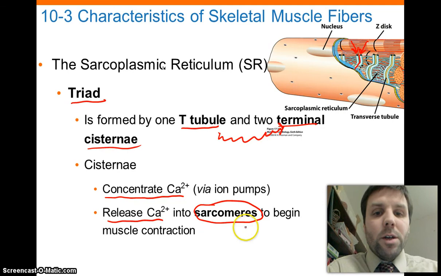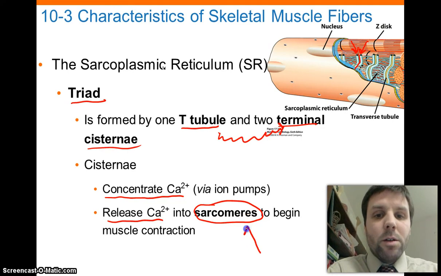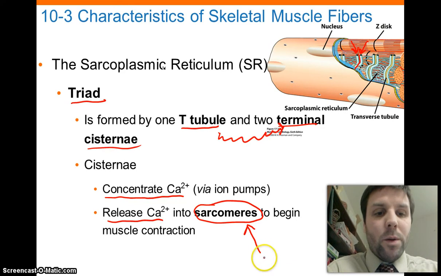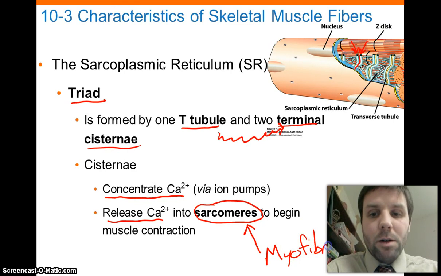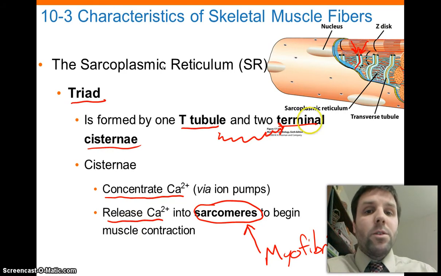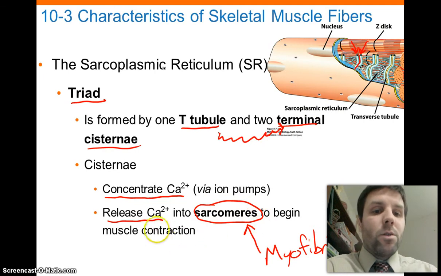Sarcomeres are just a small part. They're not a circle within a circle now. They're a small part of what we call our myofibrils. We're going to talk about the sarcomere a little bit more in another video. But it's that release of calcium ions from the terminal cisternae into the sarcomeres that begins muscle contraction.